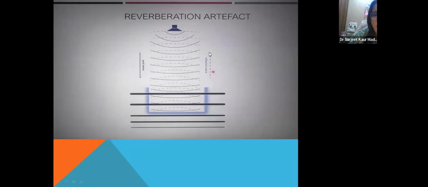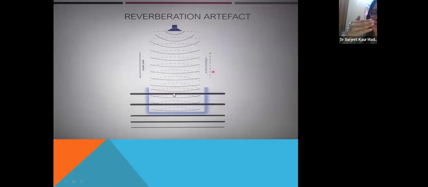So this is how an artifact is formed. See, this is a transducer. These are the ultrasonic beams, ultrasonic waves, which come and hit a structure. Let us imagine it hits the pleural line and there is movement of the pleural line. That is called reverberation.